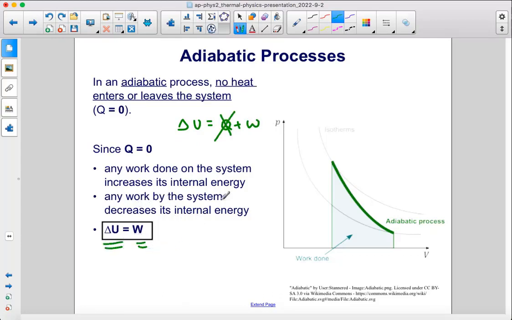Any work done by the system will decrease the internal energy. And you can see the graph of an adiabatic process is a curve, but it's steeper than an isothermal curve. So here we're going from one isotherm to a different isotherm. That's an adiabatic process. So it's not as gentle as the isothermal curve. It's steeper.